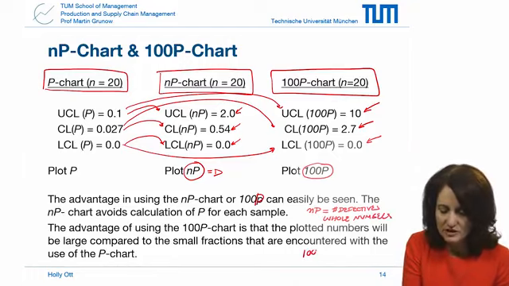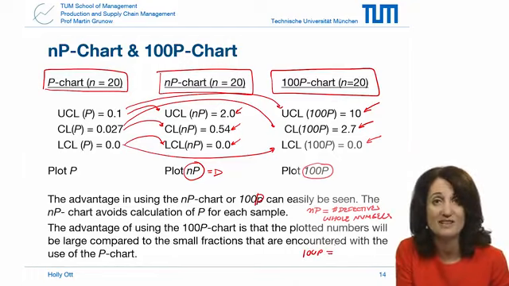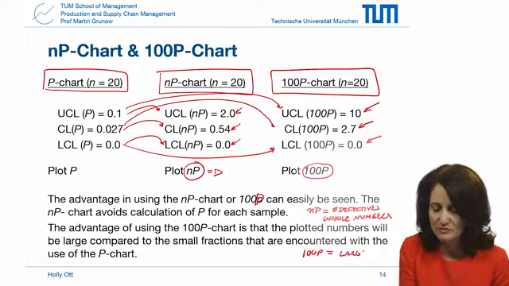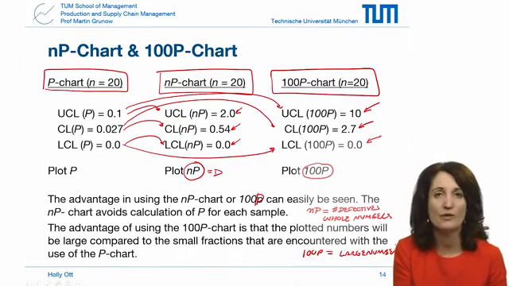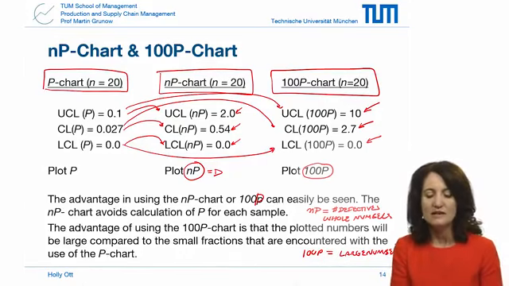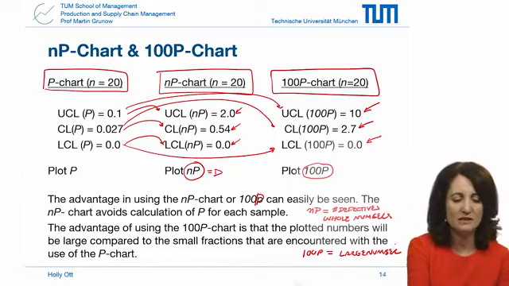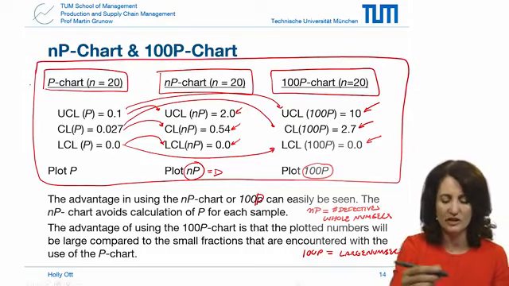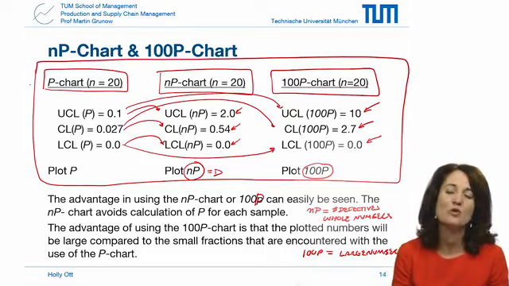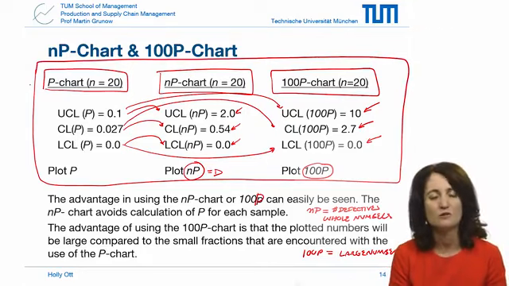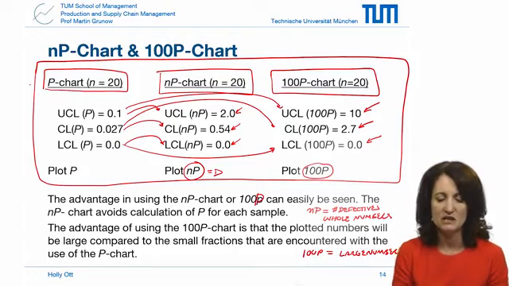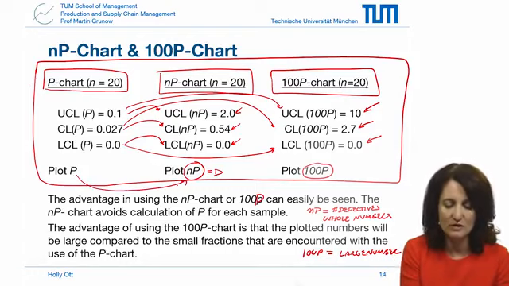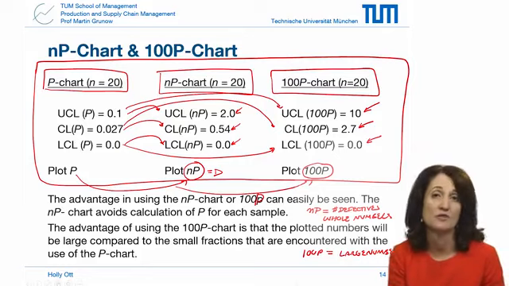For the 100p chart, you're still talking about a percent defective, but it's a large number: instead of talking about 0.43, you're talking about 43%. So these are all the same. The message here is all these charts are giving you the same information. There's no magic or anything. You're not learning new things, but it depends who you're working with and what's being used in the company. You may decide that a p chart could be more understandable if you plot the NP or a 100p chart.